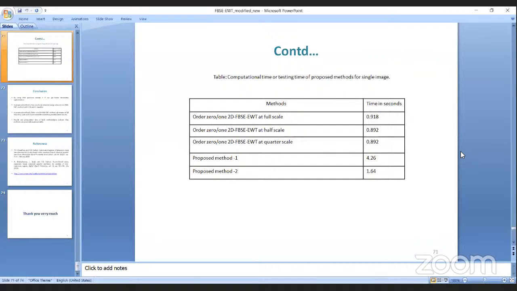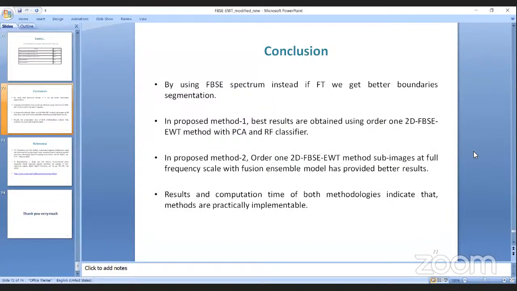Overall, when you combine all parts of the method, proposed method 1 requires around 4.26 seconds to implement the algorithm, and proposed method 2 can be implemented in 1.64 seconds. So this shows that these proposed methods can be implemented in a real-time manner for automated diagnosis of glaucoma using fundus images. So this is the conclusion of this talk.